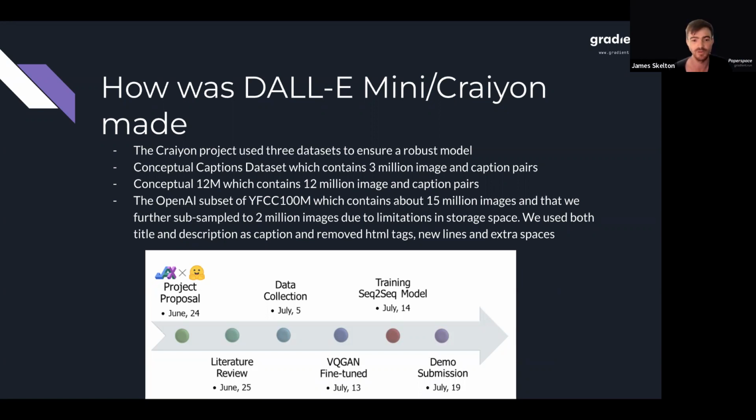They used the Conceptual Captions dataset with 3 million image and caption pairs, Conceptual 12M with 12 million image and caption pairs, and the OpenAI subset of YFCC100M, which has about 15 million images that they further subsampled to 2 million due to limitations in storage space. They also used both the title and description as caption and removed HTML tags, new lines, and extra spaces to get a really nice, really broad understanding of language and visual features.